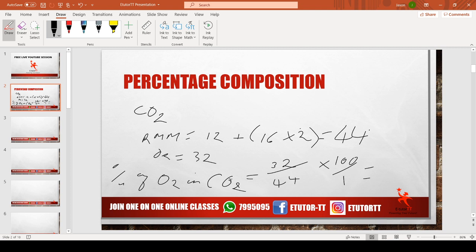Let's work that out. So we end up with 72.7% oxygen in carbon dioxide.